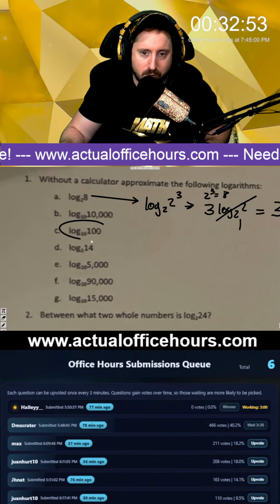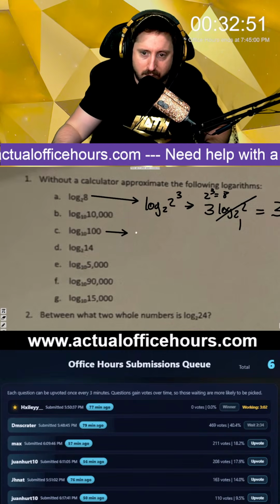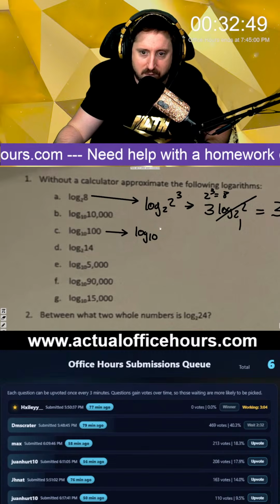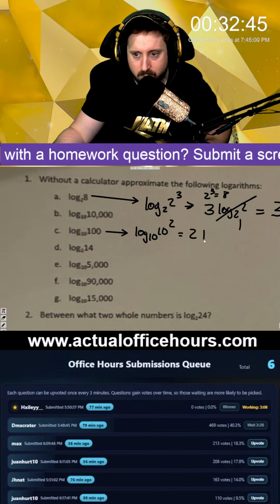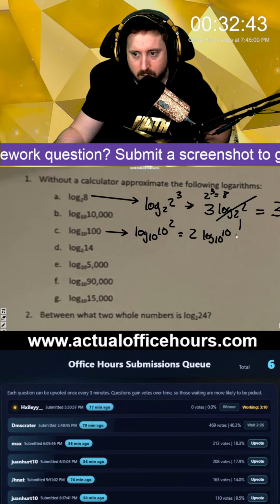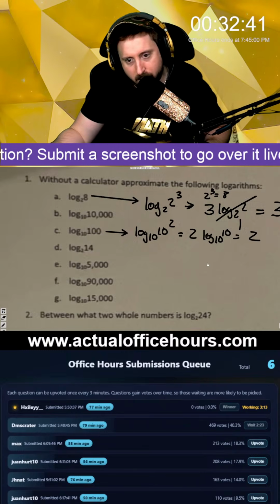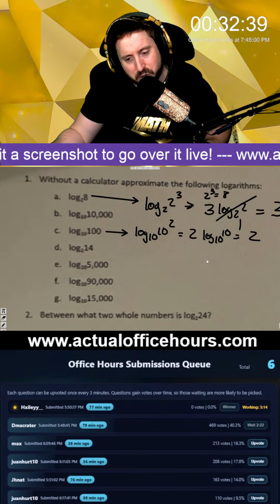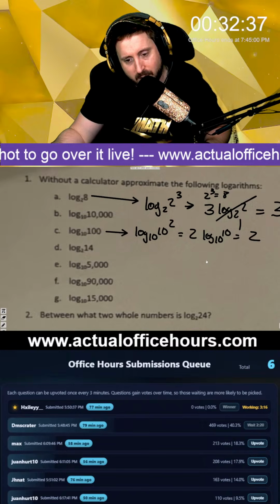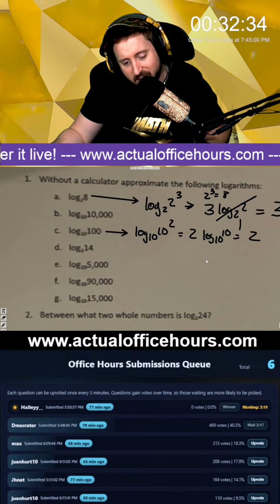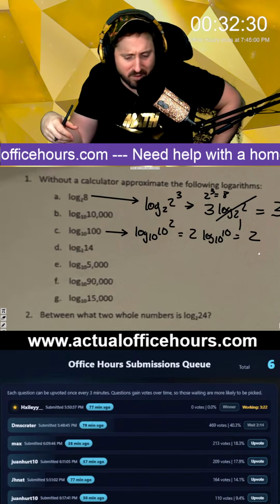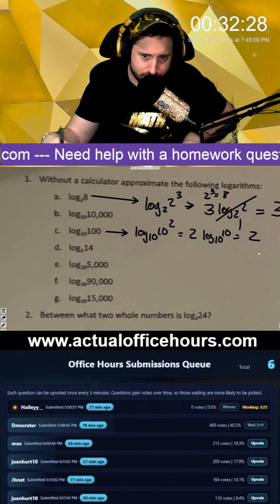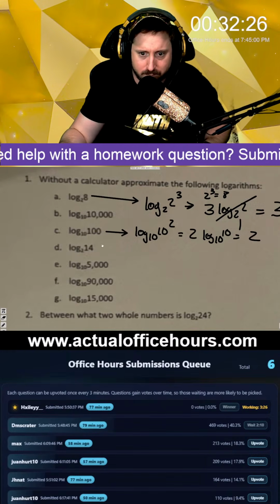That one's easy. This one's not bad either, right? Because I could say, this is the same thing as the log base 10 of 10 to the 2. 2 comes out front. And that's just equal to 2. Where things get a little trickier, I think you want to split things.